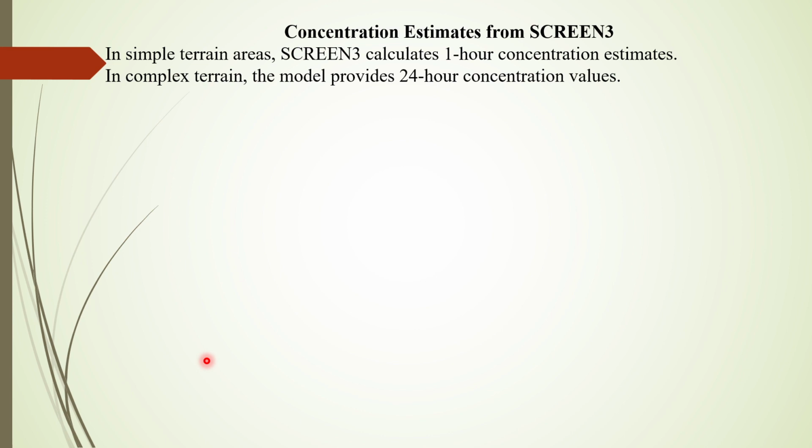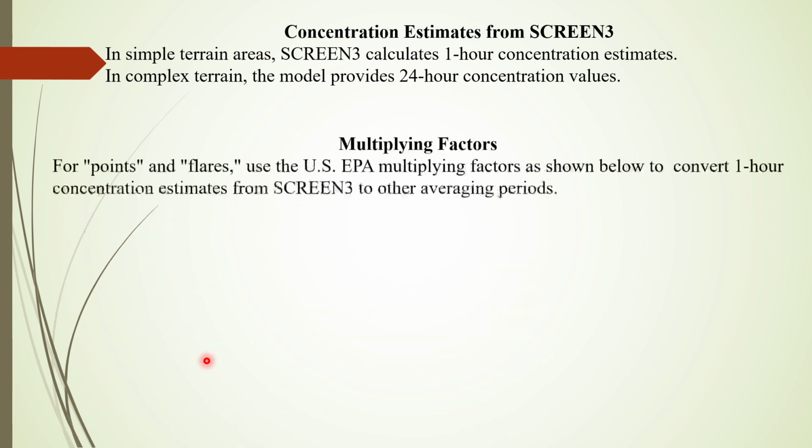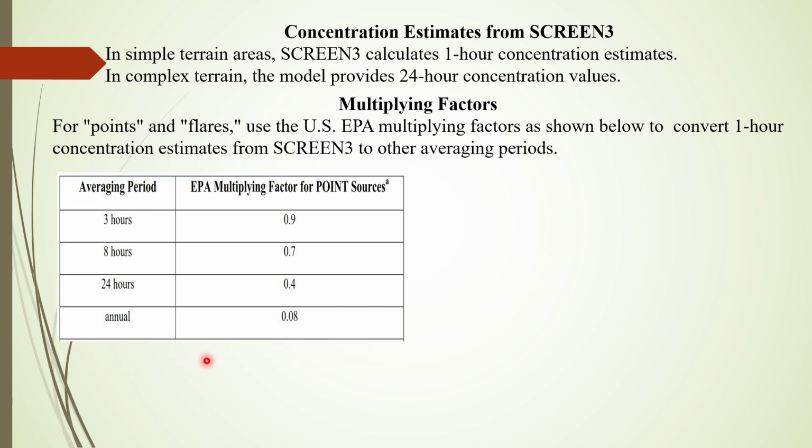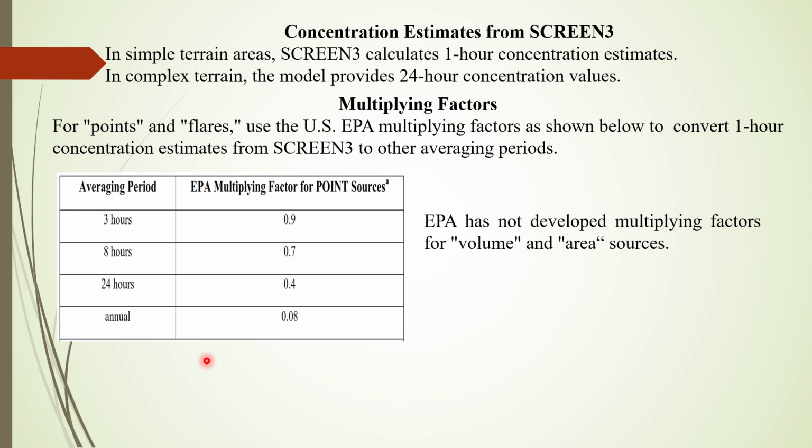In complex terrain, the model provides 24-hour concentration values. And for point and flare sources, US EPA has a multiplying factor to convert the 1 hour concentration to 3 hour, 8 hour, 24 hour or annual by multiplying the factor as shown in the table. However, EPA has not developed any multiplying factor for volume or area sources.